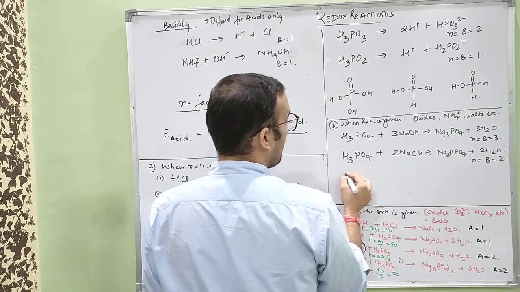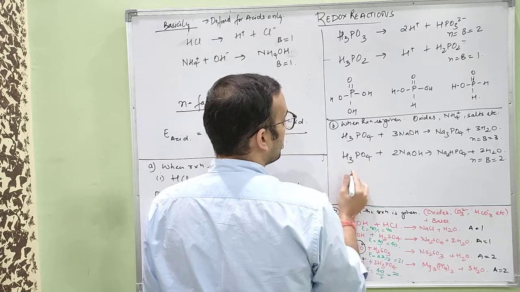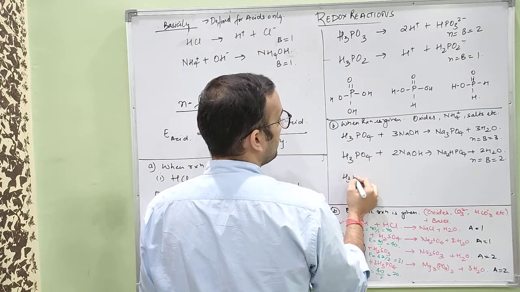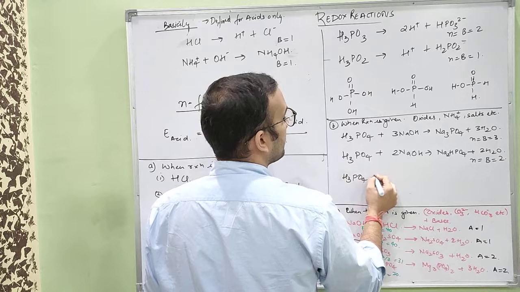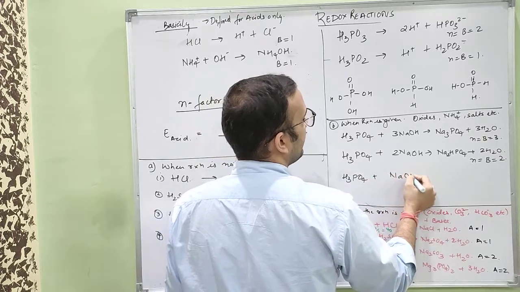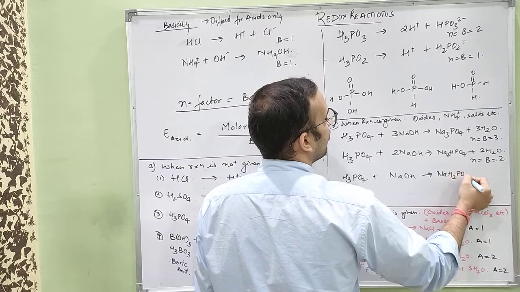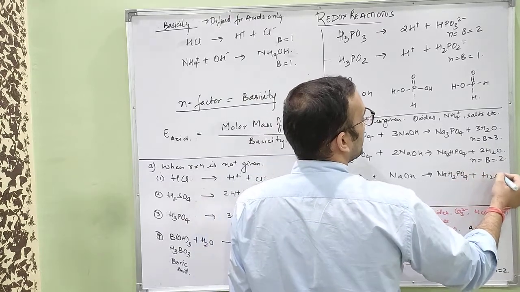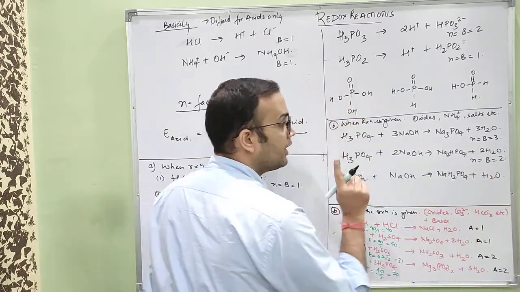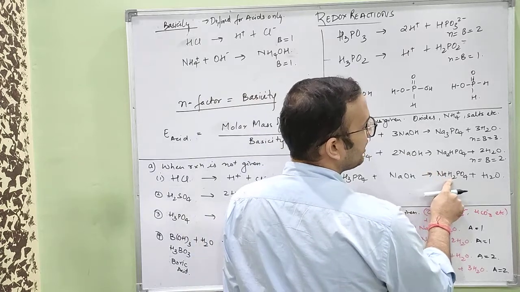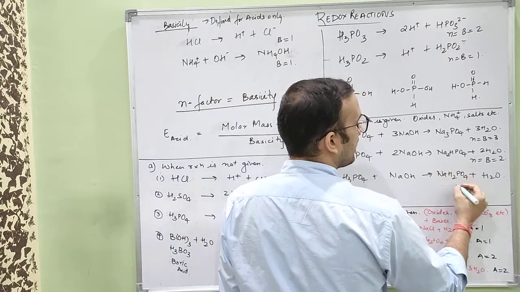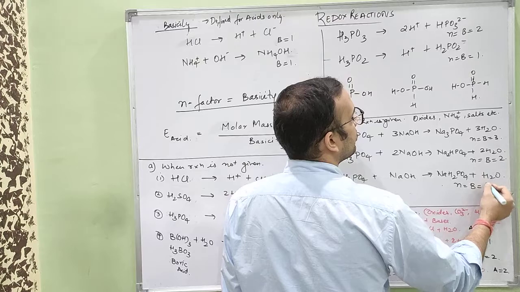Again, if we have H3PO4 plus NaOH, just 1, we will get NaH2PO4 plus H2O. Here you can see that it has given only 1 H plus ion and has retained 2 H plus ions. That means the N or B will be equal to 1.